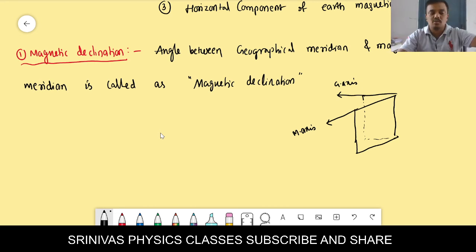The angle between the two planes is said to be the magnetic declination. This angle is the magnetic declination.